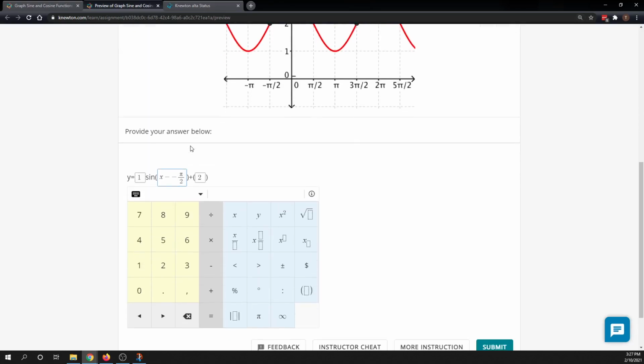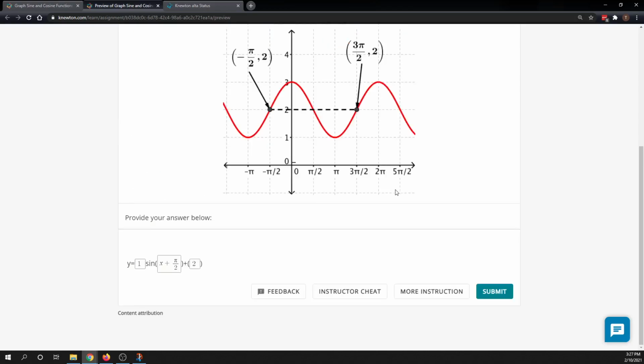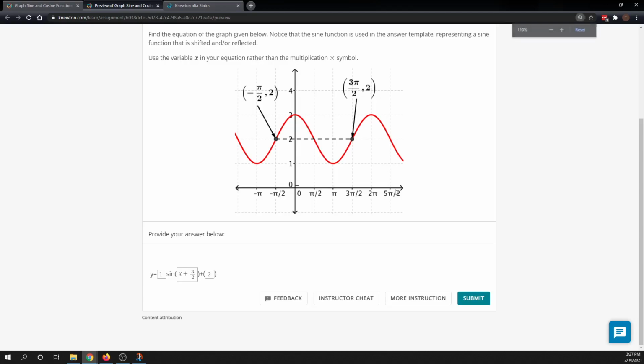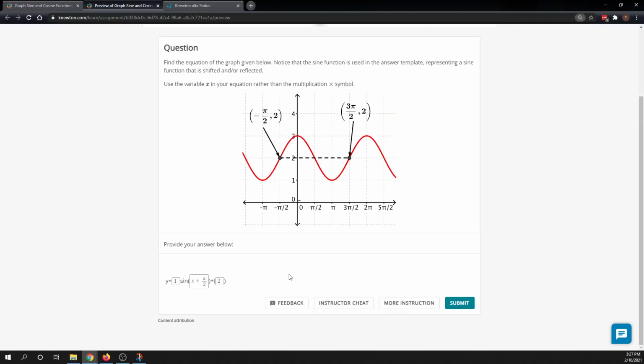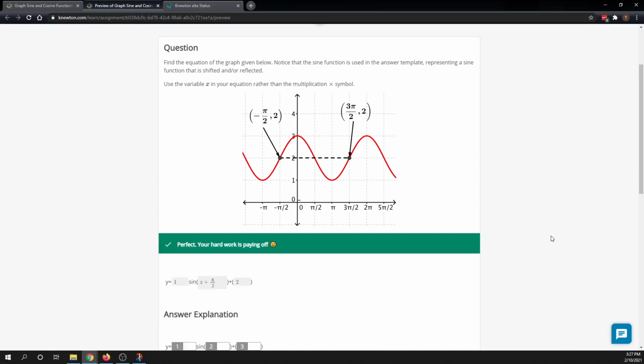And I don't know how picky Newton is about the answers, but I would write that as a plus, right? X minus a negative pi over 2 is the same as x plus pi over 2, and that's simpler, right? Okay, and so that's what you will need to put into those answer blocks, and then hit submit, and it's good.